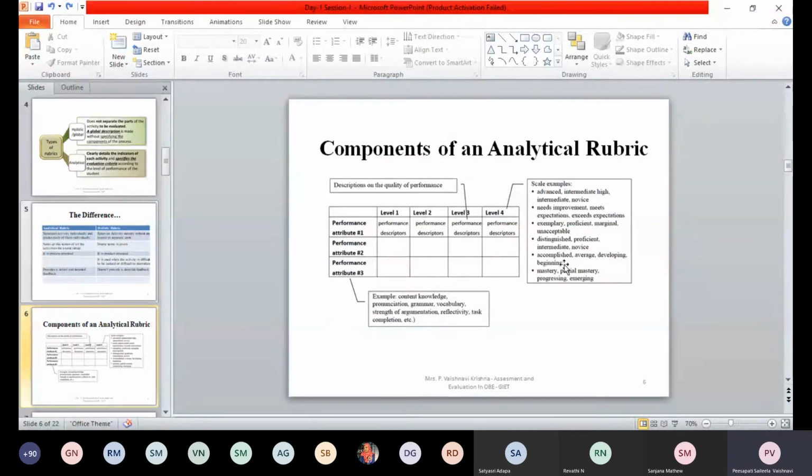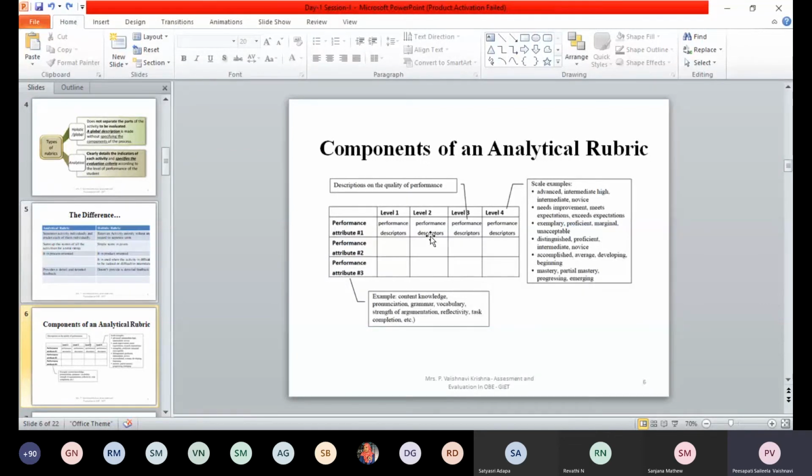Okay, beginning. And then mastery, partial mastery, progressing, and emerging. So these are certain examples that will talk about the scales of performance. Performance attributes, performance levels, performance descriptors. These will constitute most of your analytical rubric.